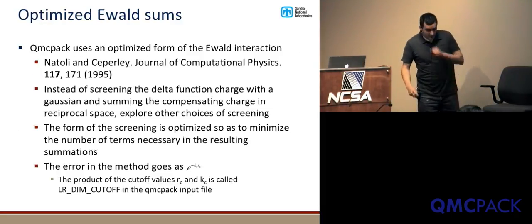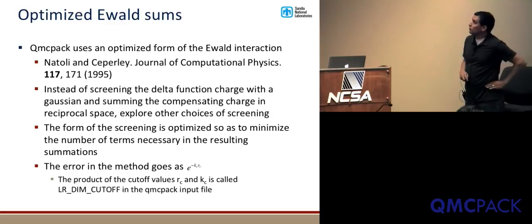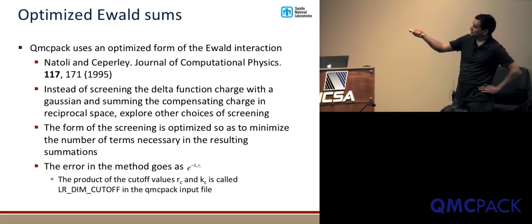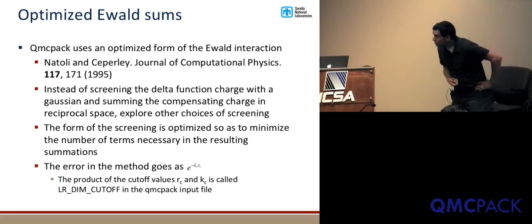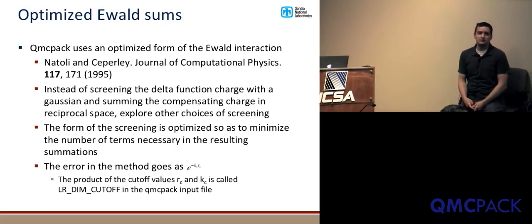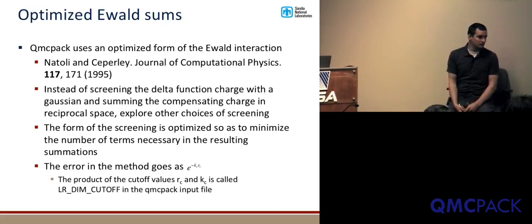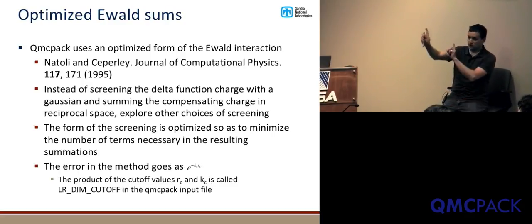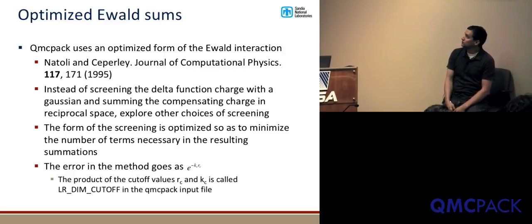Now in QMC Pack, we actually use an optimized form of this potential, and this is, I think, first detailed in this 1995 article. This takes advantage of the fact that there's nothing magical about using a Gaussian to screen your charge. So instead of screening this delta function charge that we're moving around, we're going to exploit the freedom of using some sort of spline to speed up the convergence of both the reciprocal space and the real space sums.